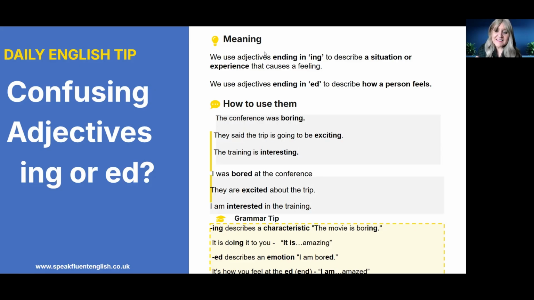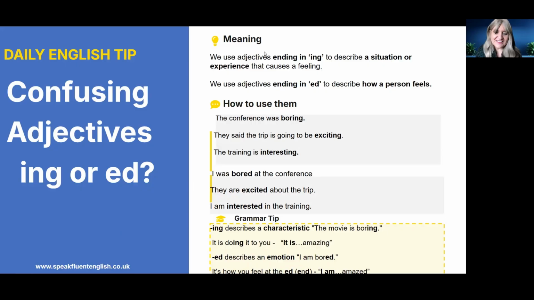So here's a little tip you can use to try and remember the difference. Think of -ing describing a characteristic of a situation or experience. So the movie is boring. It's doing it to you. So doing, -ing. And for example, it is amazing.